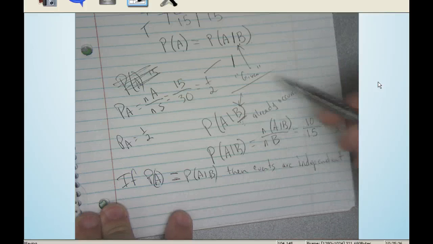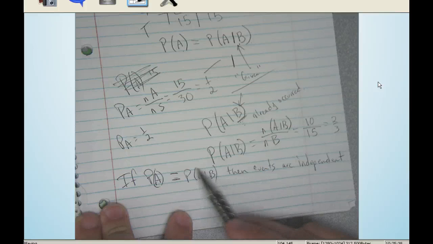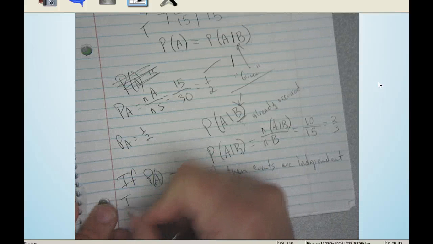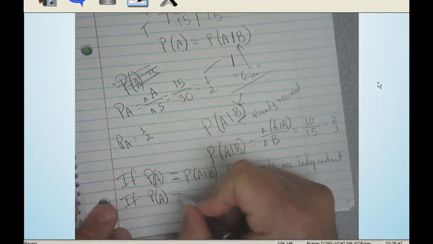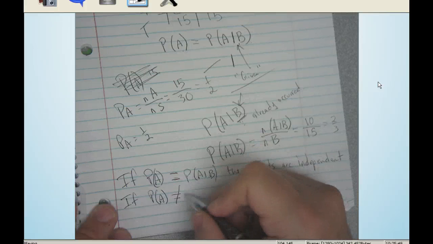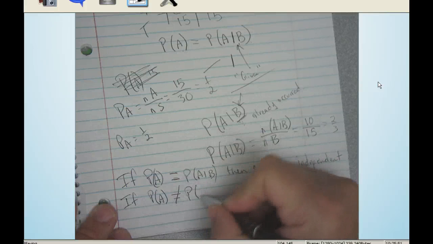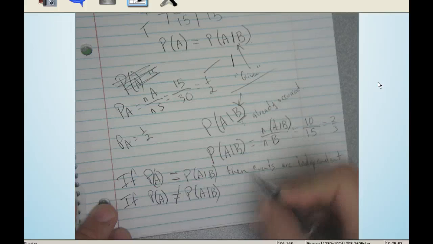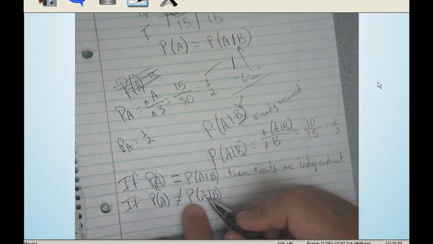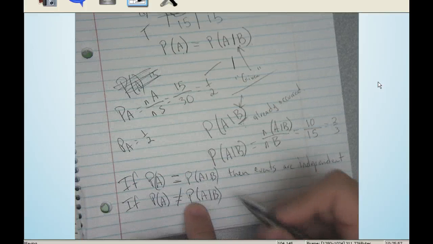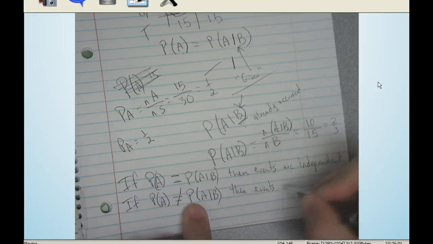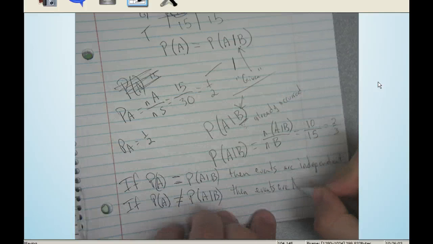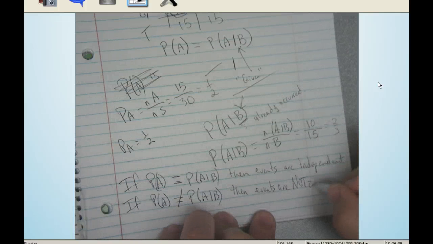The fact that B happened won't change the outcome of A. Doesn't matter. But if the probability of A does not equal the probability of A given B, or rather, since B has happened, it has now changed the probability of A, then the events are not independent.